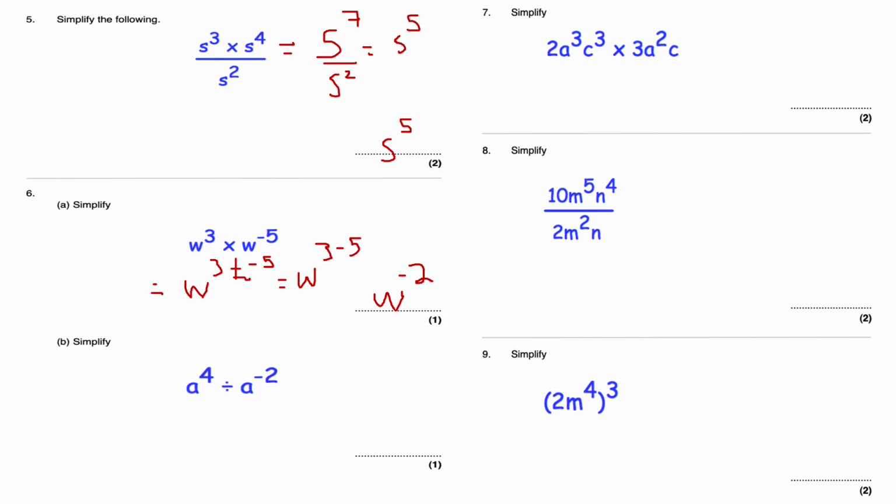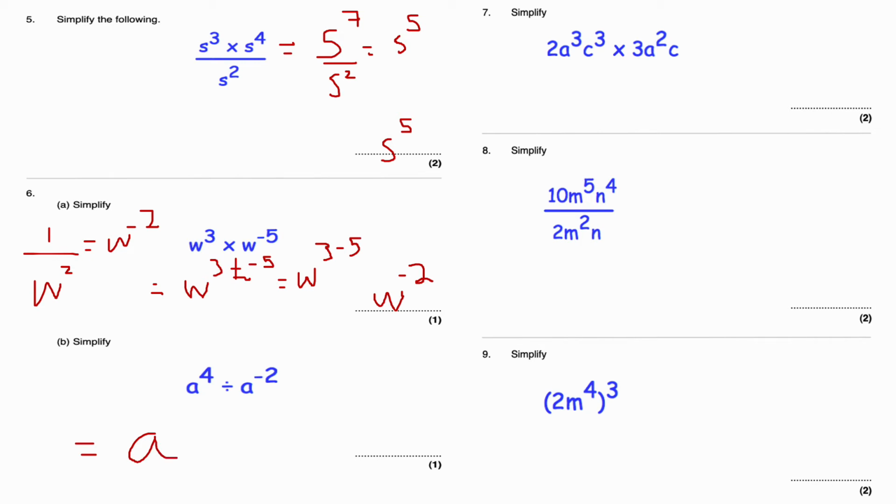So it's w to the minus 2, or you might see it written as 1 over w squared. Either way is fine. These mean the same thing. The next one, part B, simplify a to the 4 divided by a to the minus 2. Well, I'm dividing, so I'm going to subtract the powers.